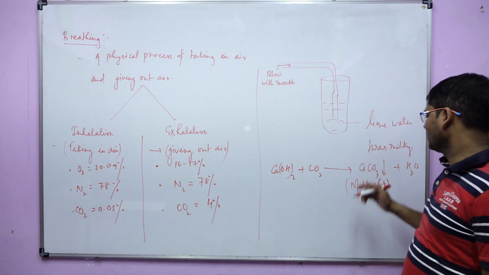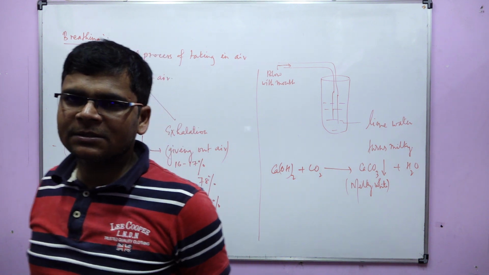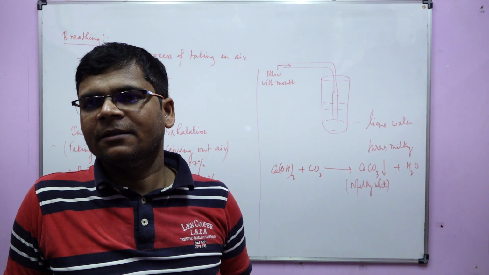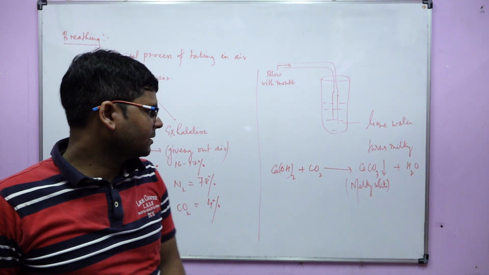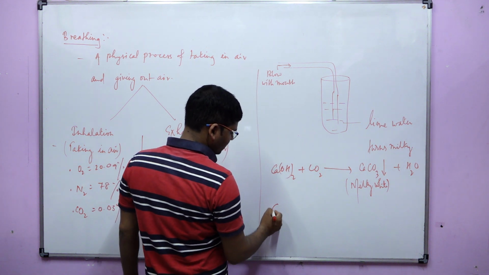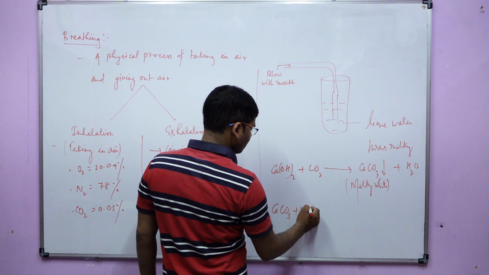So this calcium carbonate formed makes the lime water, which is colorless, appear milky white.